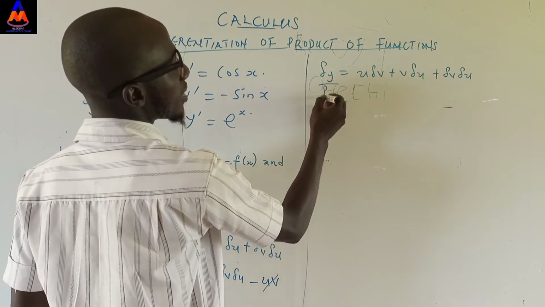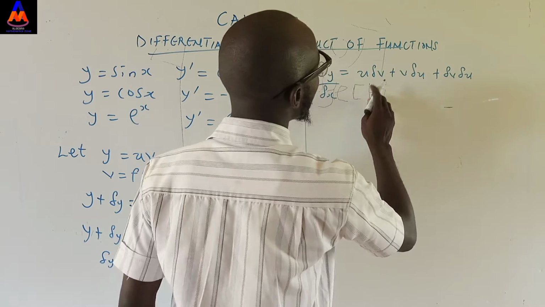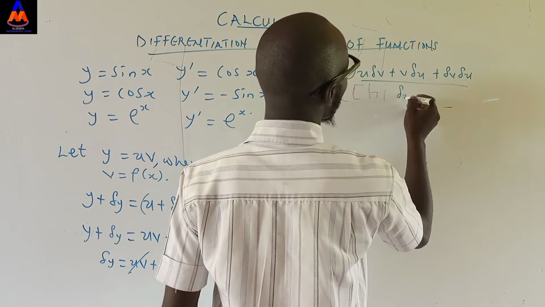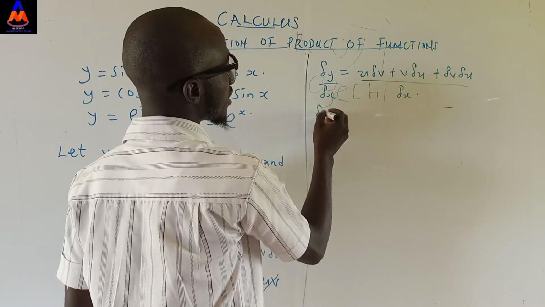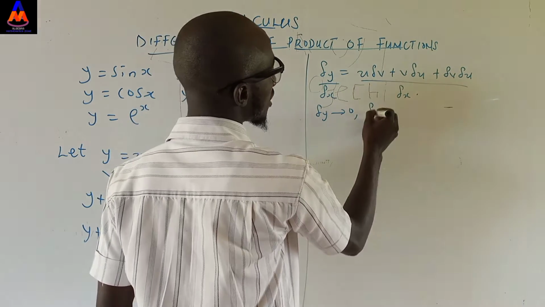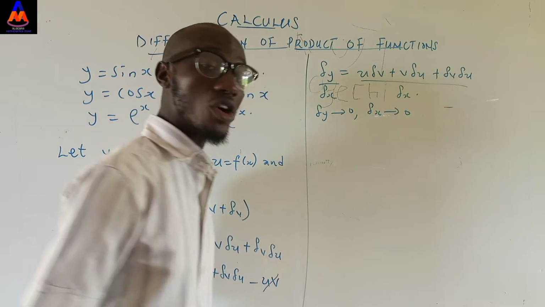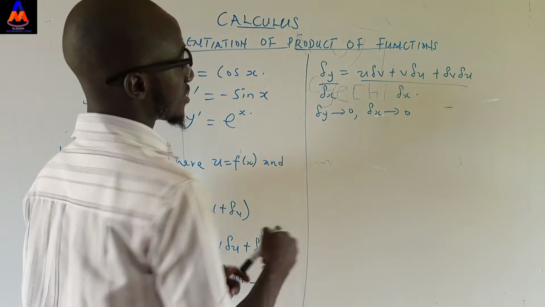Then it can be divided by change in x. Everything can be divided by change in x. And this can give us a total derivative when change in y goes to 0 and change in x goes to 0. That's why you have to watch our first lecture on this to get this right.